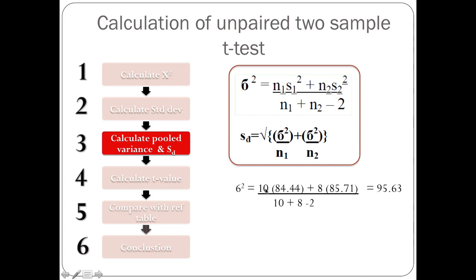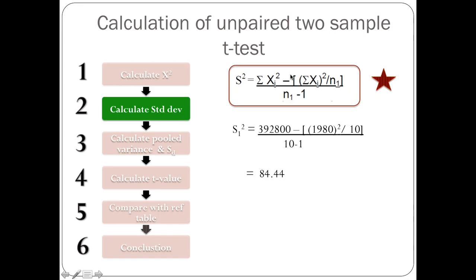So for the pooled variance, when we replace the numbers into the formula, N1 is 10, so there are 10 samples in your Osram group, and this S1 squared, where do you get it?